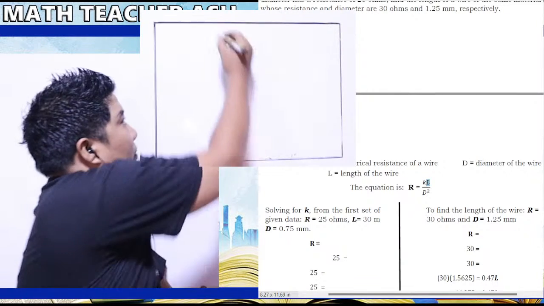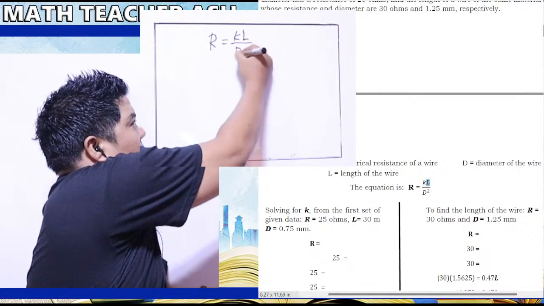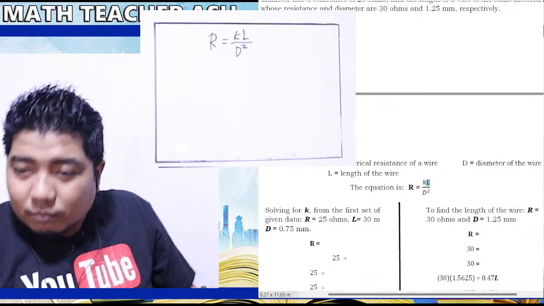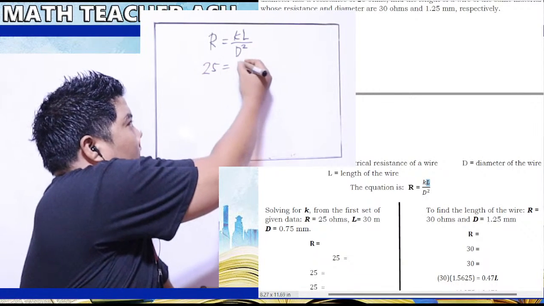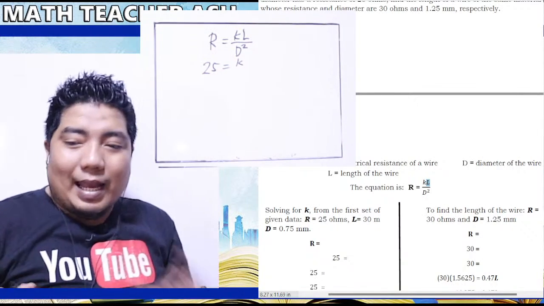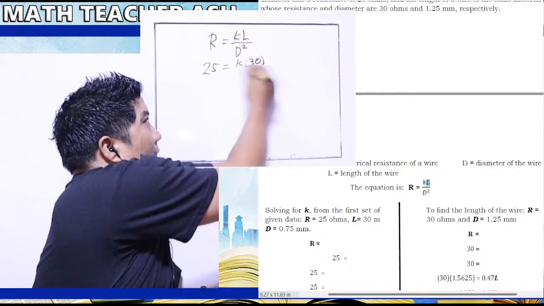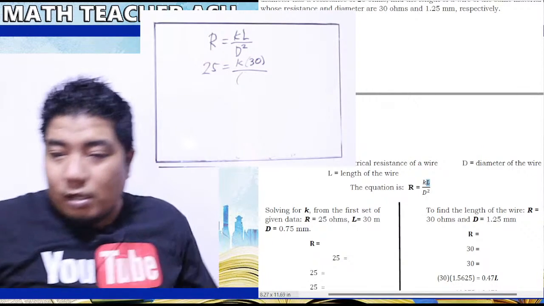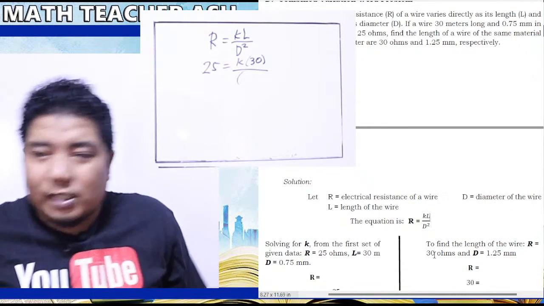So R, formula muna, R is equal to KL over D squared. Alright. So our R is 25 ohms. Our K is unknown. Hindi pa natin alam ang K. Kailangan malaman muna natin si K. Our L is 30 and our diameter is 0.75, yes, 0.75.